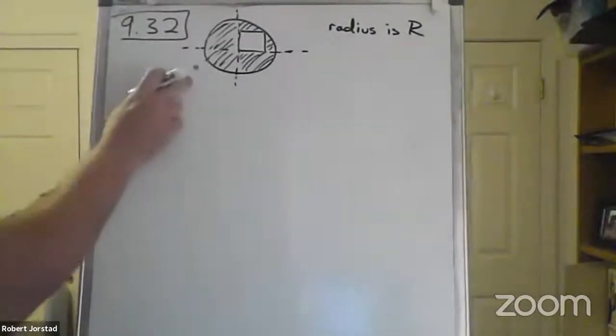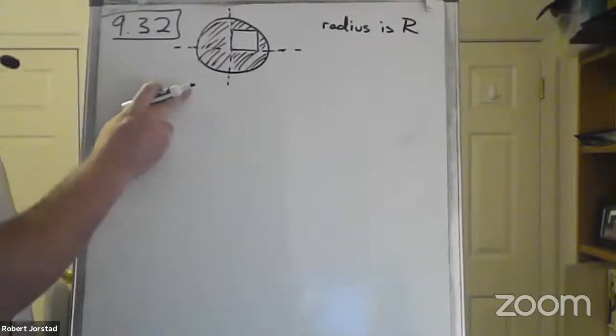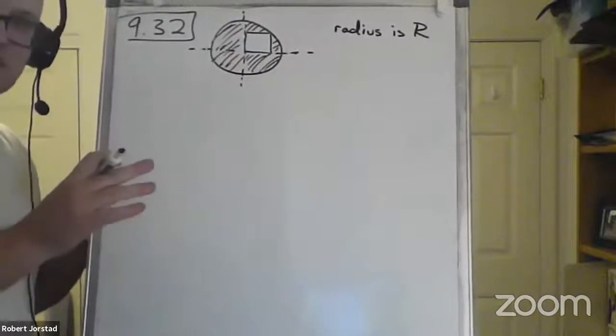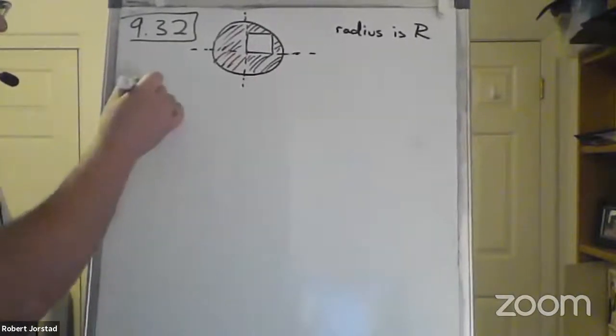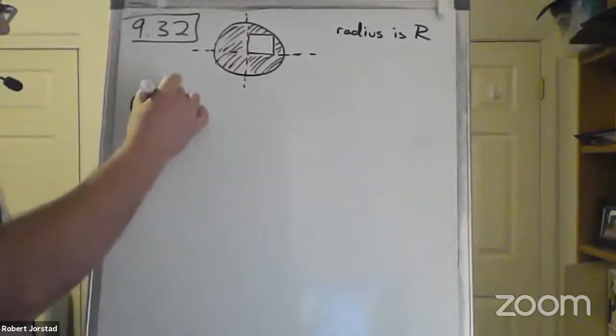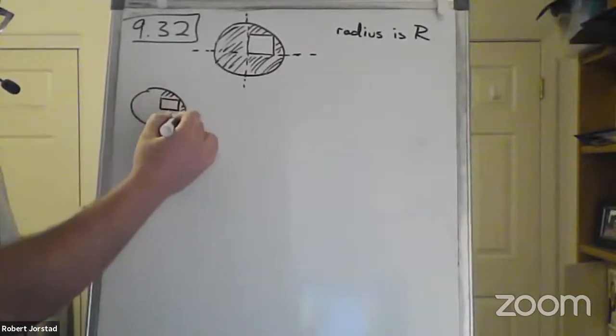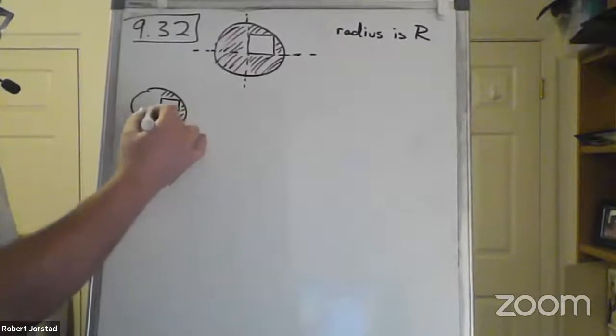Now, in this one, what are we given? We know the radius. We've got this circle. This is the trick that I want you to do. Circle with a square hole out of it. You could try and do calculus on all these little pieces, and that would be tedious.